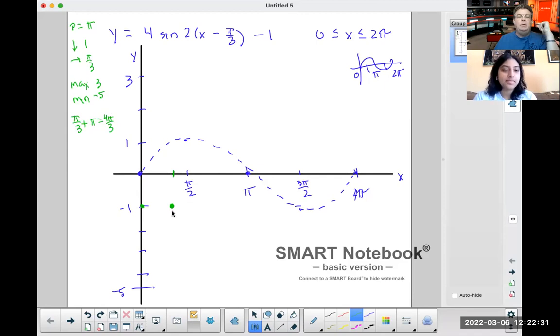Okay, well, let's see, 4 pi over 3 is where? Tell me about where to go on the x-axis to get to 4 pi over 3. Okay, so somewhere between pi and 3 pi over 2, I think. Yes. So somewhere between there.